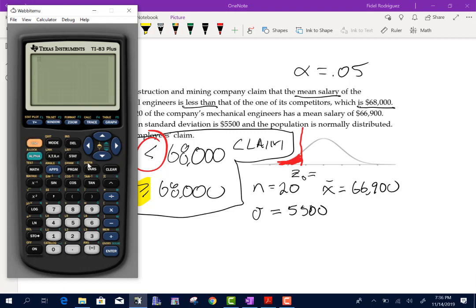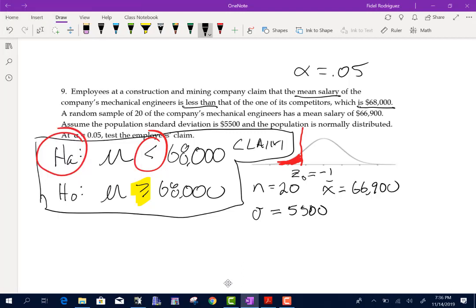We went over here, second vars, inverse norm. What's the area to the left? 0.05, okay, and I'm going to hit enter. The Z value I'm coming up with, if I round to 2 decimal places, is negative 1.64 or 1.65? 64, okay. So I'm going to write it right here, negative 1.64.